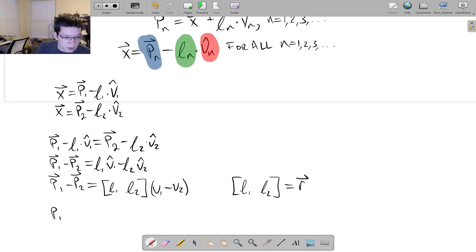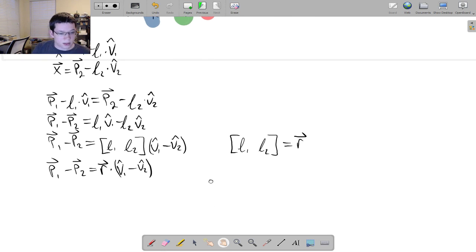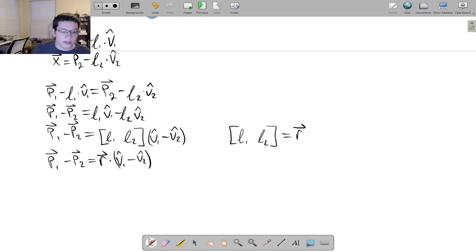So now we've got P1 minus P2 equals R times V1 minus V2, which we can then rearrange a little bit.